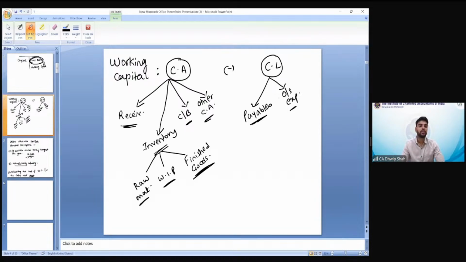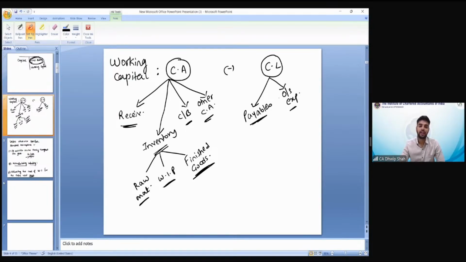So for that, we need to understand the format, how to calculate the working capital. It has a format. I told you in my very first session that FM is all about formats and formulas. If you are able to recollect the formulas and formats, and if you are good with both, then your FM is very simple and smooth.